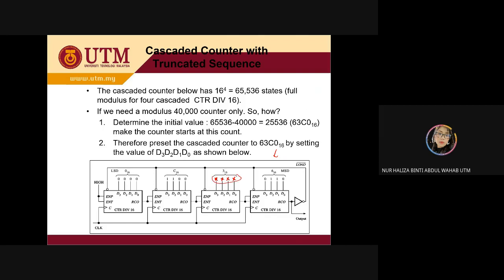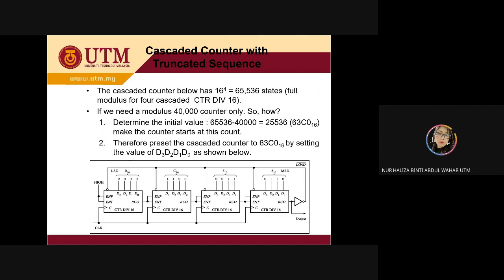So what is the value for the input D3, D2, D1, D0 for the third CTR DIV16 over here? In terms of the input, you need to know where it is. This will be your third one, then it will be 0, 0, 1, 1. So this is the correct answer.